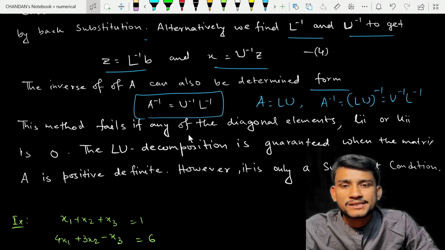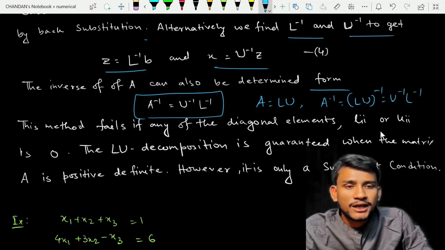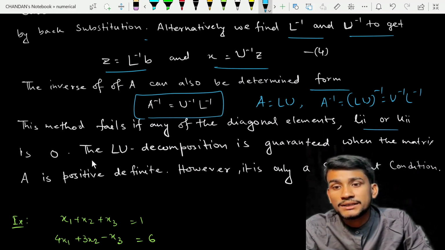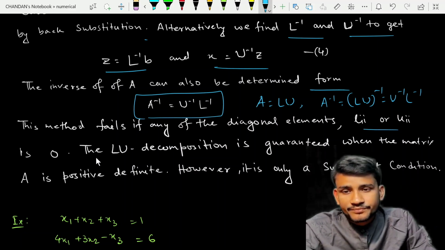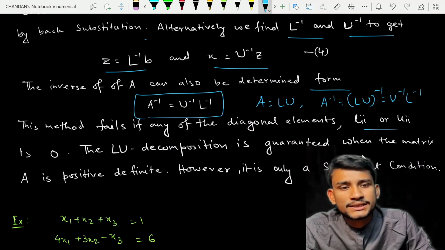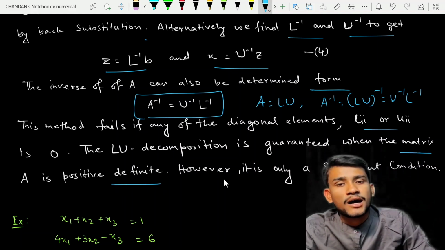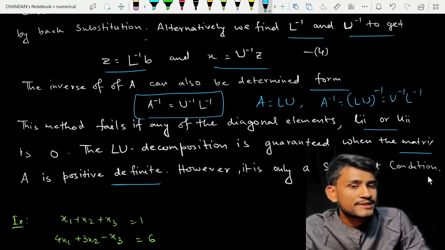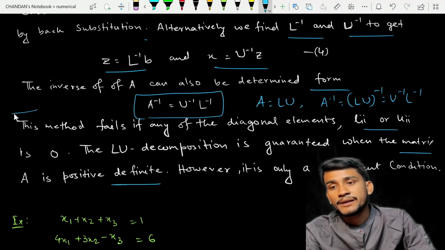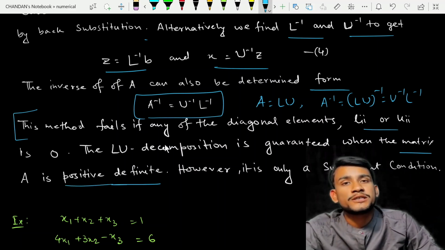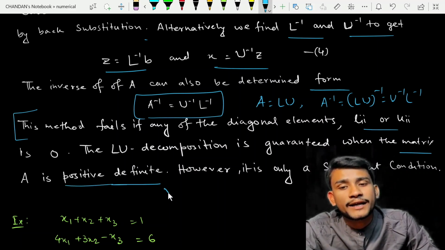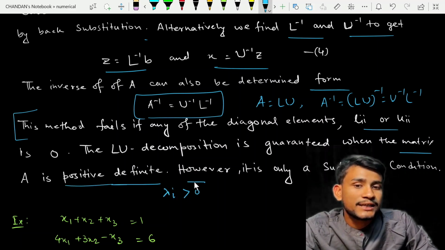This method fails if any of the diagonal elements Lii or Uii is 0. The LU decomposition is guaranteed when the matrix A is positive definite. However, it is only a sufficient condition, so this is a very important line. A matrix is positive definite means all the eigenvalues lambda are strictly greater than 0.